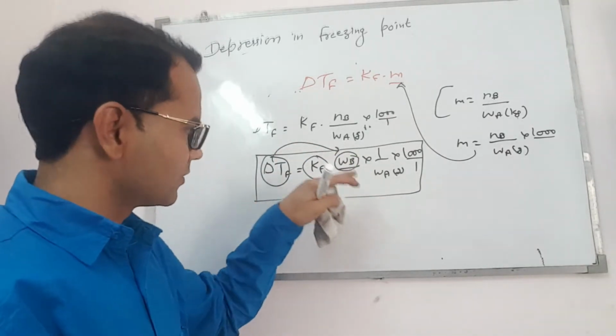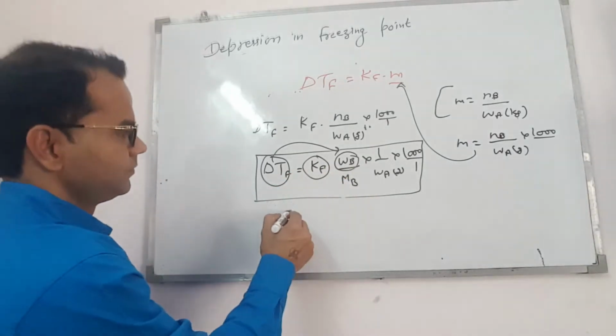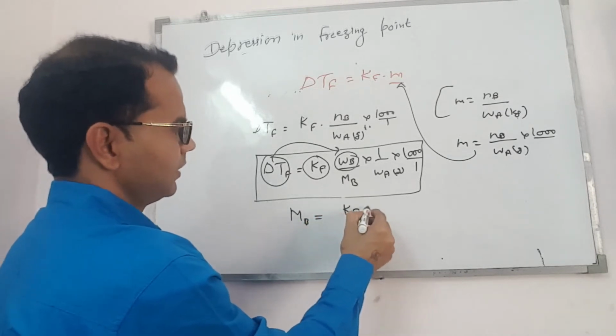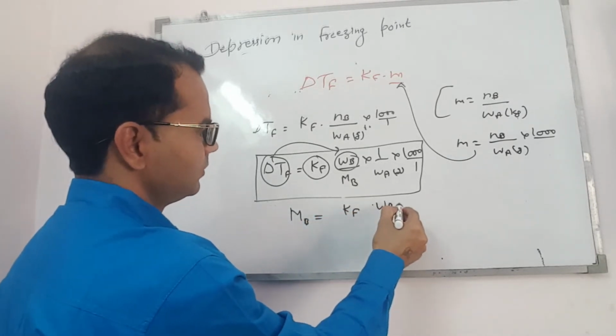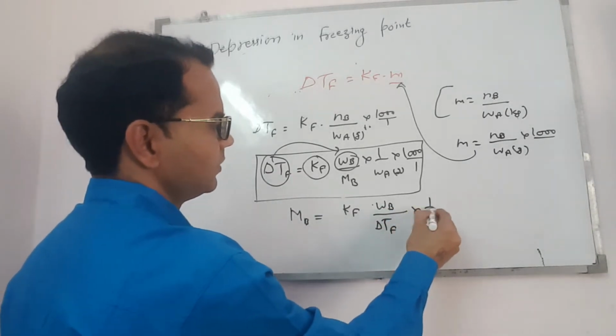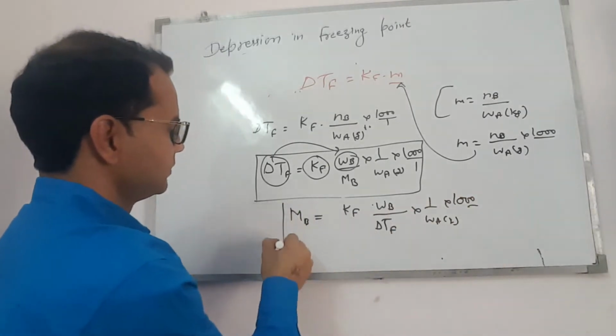So we can also find the molecular mass of the solute from this formula. The formula will be Mb equals Kf into Wb by delta TF into 1 by WA in gram into 1000.